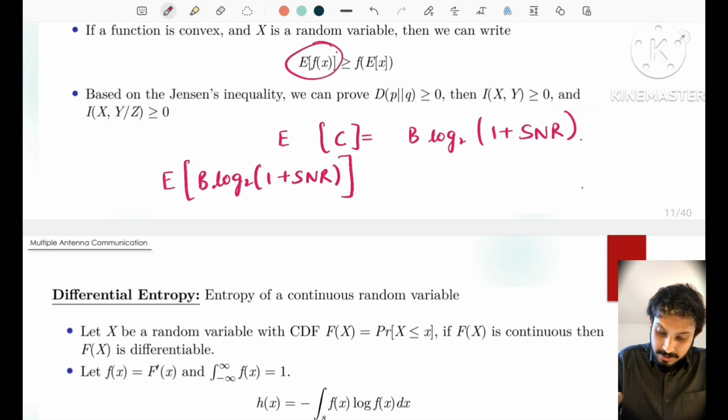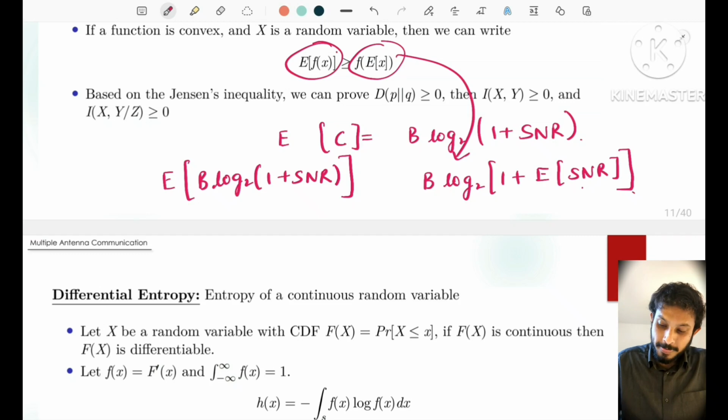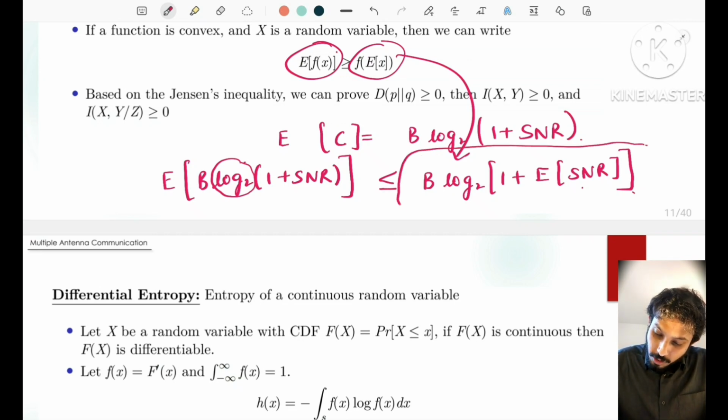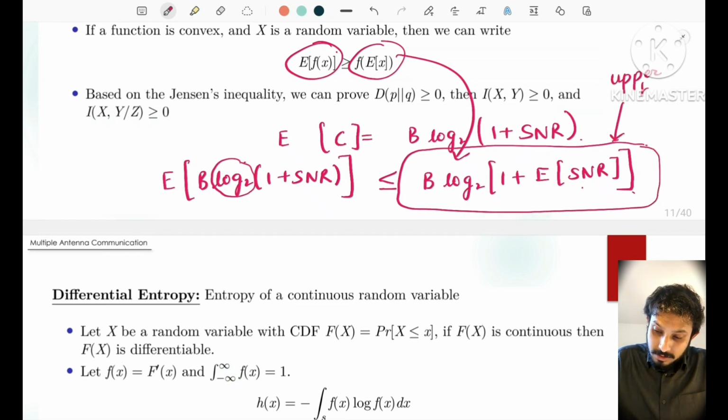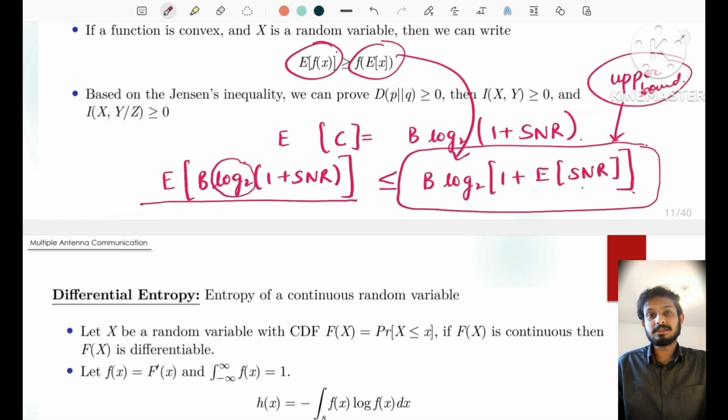This is the left hand side, and for the right hand side we can write B log 2 (1 plus expectation of SNR). And since logarithm is the concave function, the inequality we have is less than or equal to. So when we take the expectation of SNR, this is treated as the upper bound. And when we take the expectation over B log 2 (1 plus SNR), this value will always be less than this upper bound.